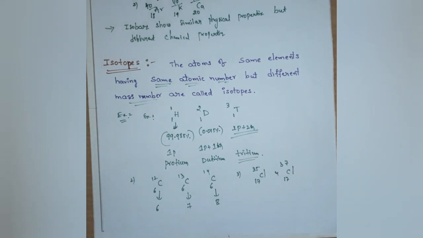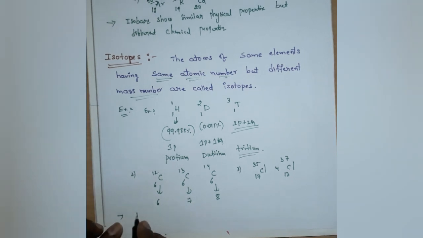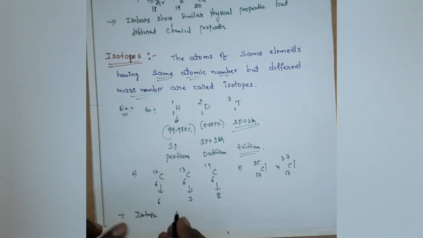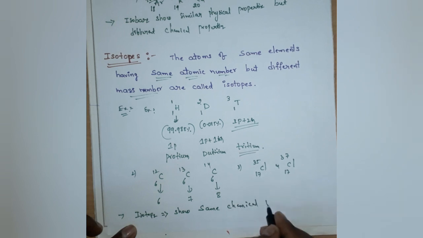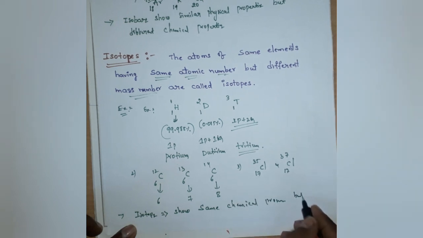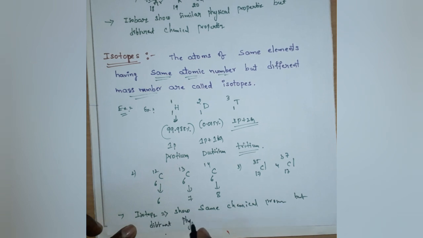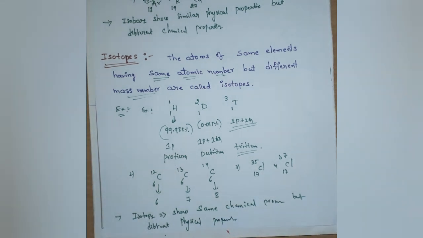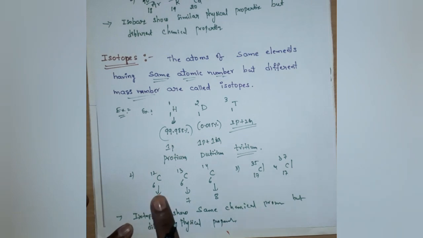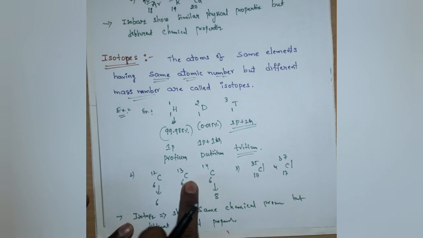Here one more important point: isotopes show the same chemical properties but different physical properties. If you observe the isotopes, the number of electrons is the same for all isotopes.